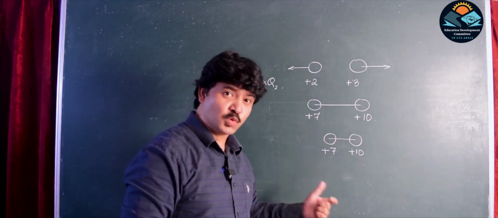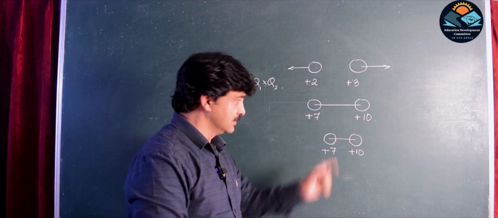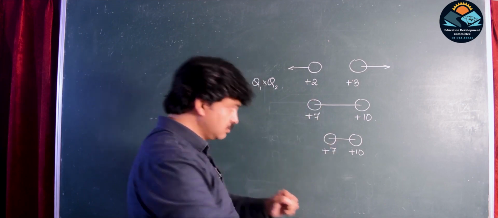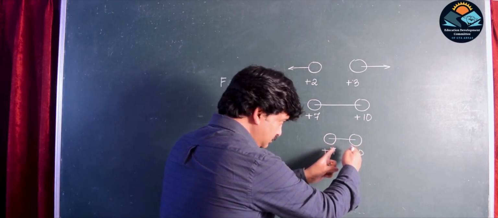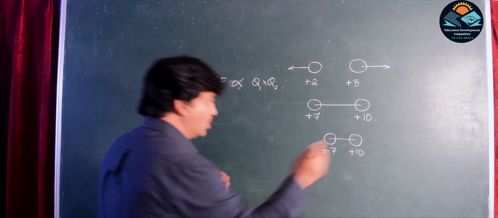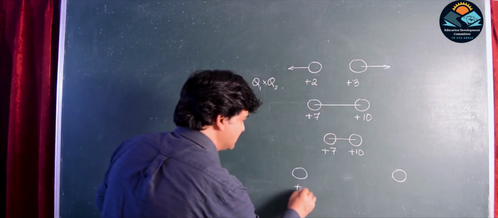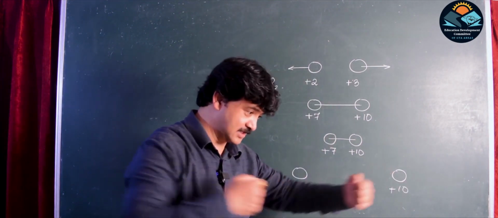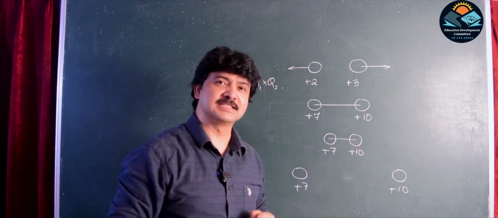Will the force be more or less than the force here? Since they are closer, they will repel more. So when the two charged bodies are placed closer, the force increases. And what if the charges are separated by more distance, plus 7 and plus 10? In this case, since the charges are far apart, the force will be much less, isn't it?